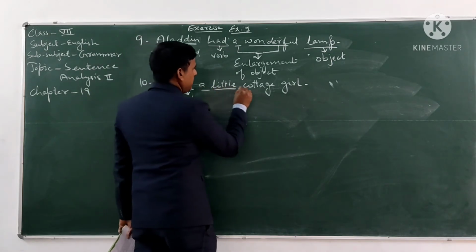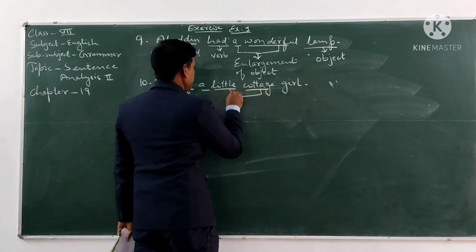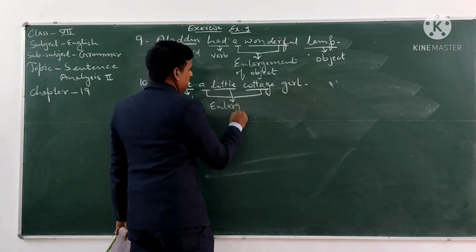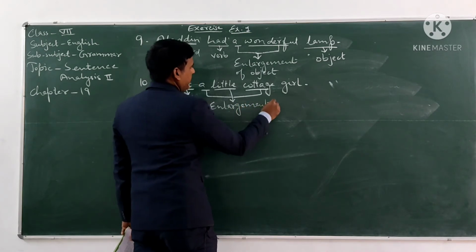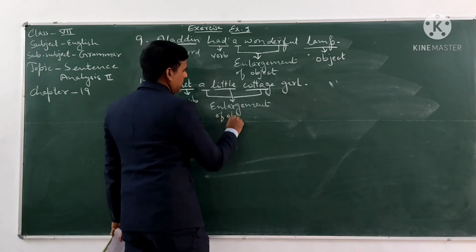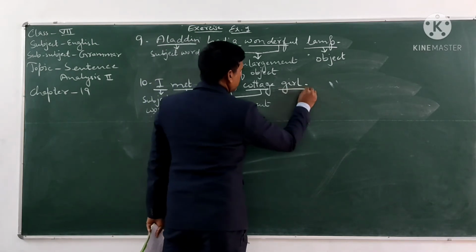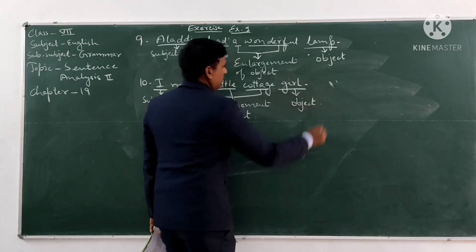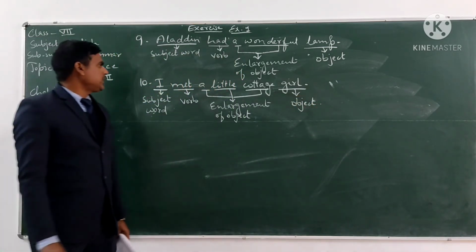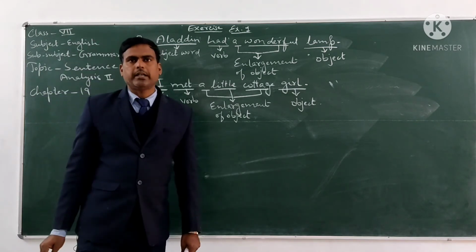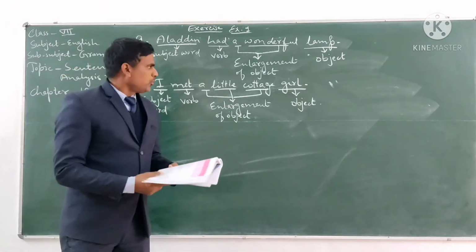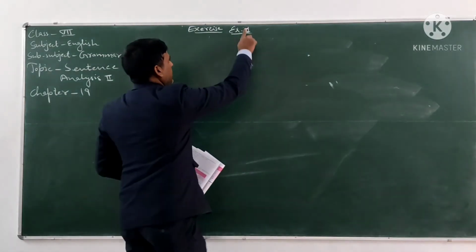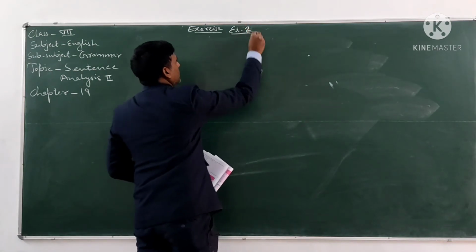A little cottage, these three are the enlargement of object, and girl is the object. So this is the sentence analysis of sentence number 10. So now exercise number 1 is completed. Now let us see exercise number 2.